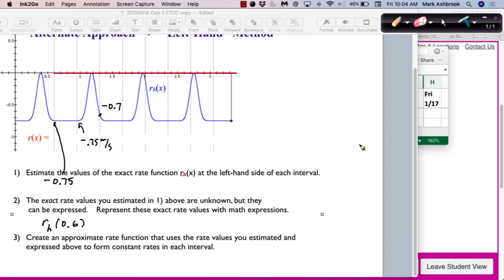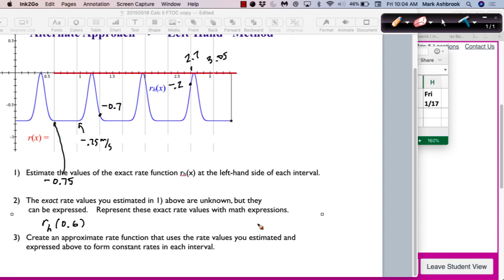All right, let's go to this interval here, from 2.7 to 3.05. Who's got an estimate for the value of that function at the left side? What did you estimate? About negative 0.2. Good. So at the left side, we're right there on the function, about negative 0.2.